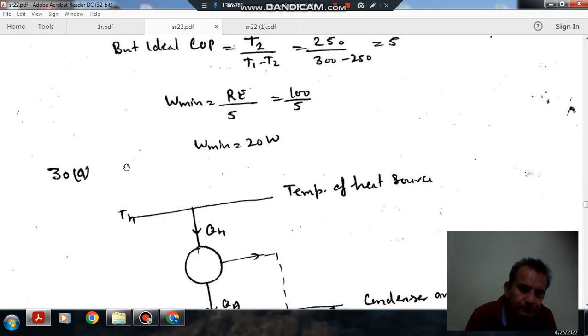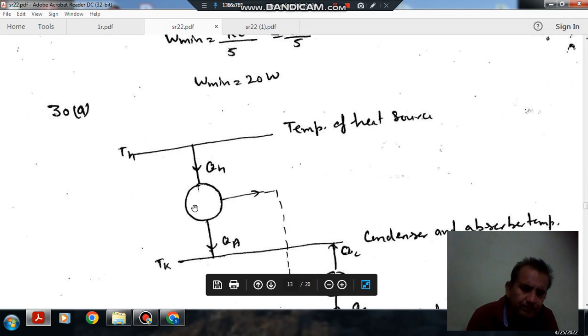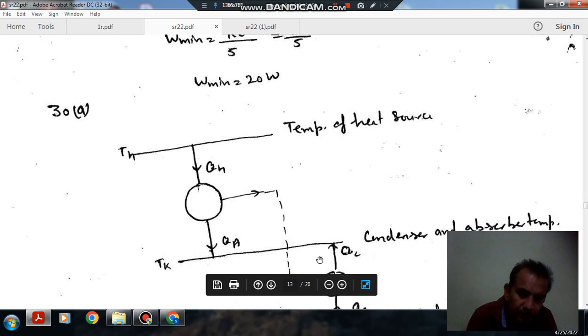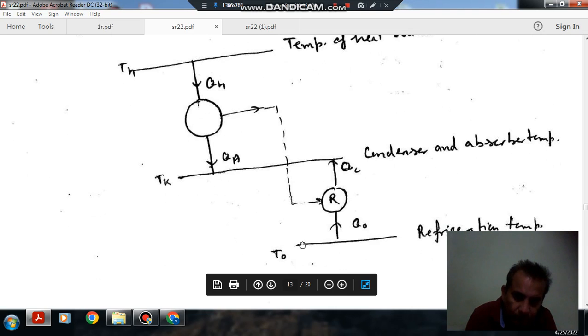So this is the highest temperature reservoir in the given vapor absorption cycle, from where heat is being supplied and heat is rejected here. By the difference of heat supplied and heat rejection, we get work done, and this work is supplied to the refrigerator.